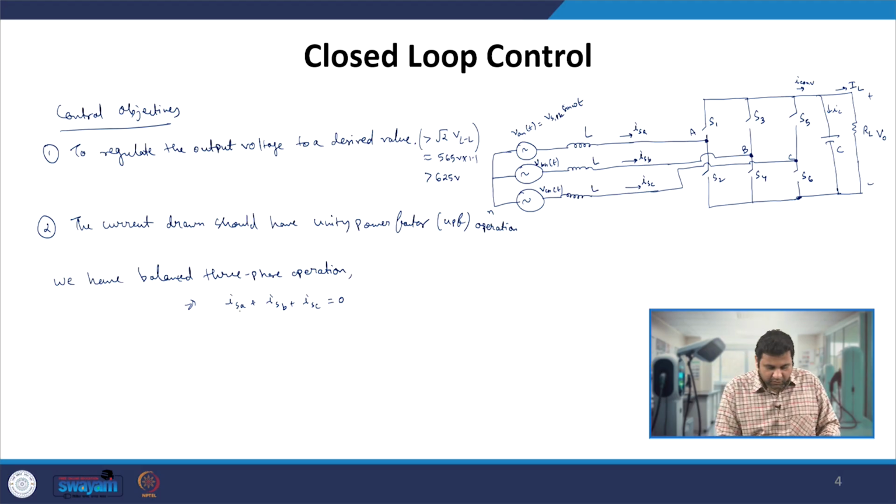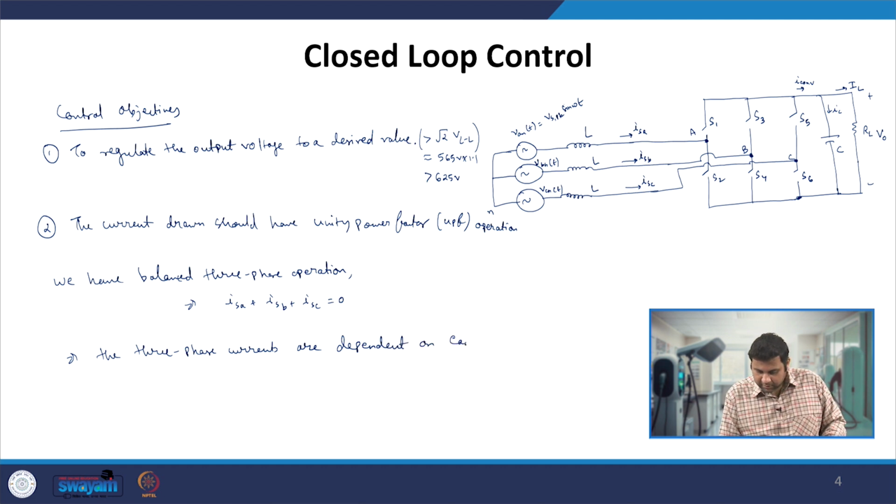So, that means it indicates that the 3 phase current quantities, or 3 phase currents, are dependent on each other. That means if I am trying to control the A phase current, B and C phase currents will change.